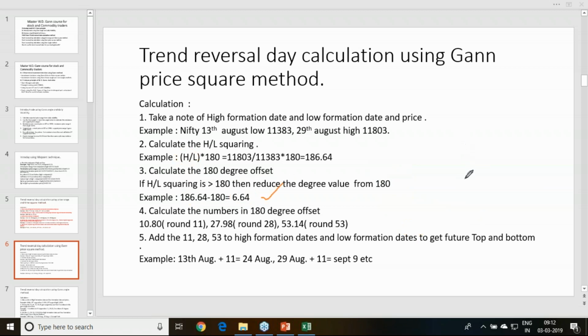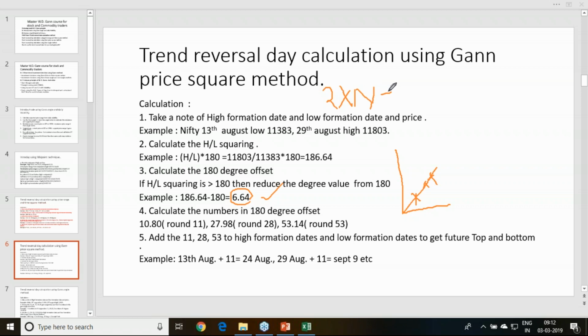So once you reduce this number to 6.64 or any value, now your job is to find out 3 or 4 numbers in the same degree line. That formula is already known to you: 2 into n, where n has to be taken as 0, 1, 2, 3, something.